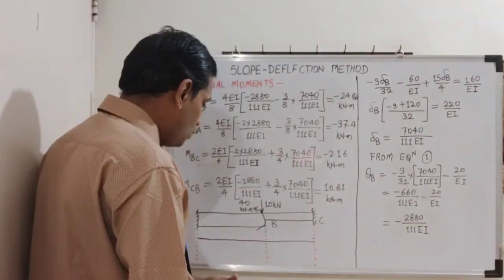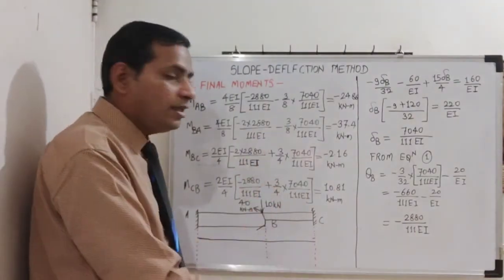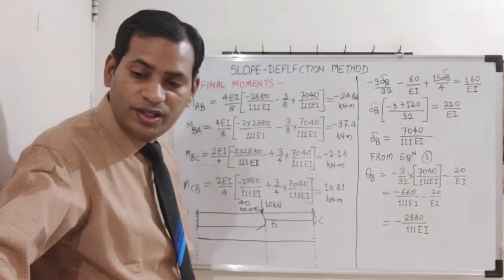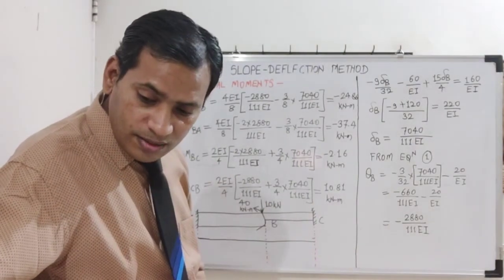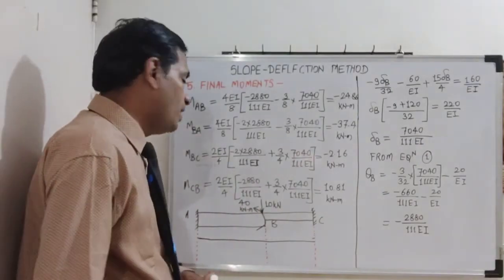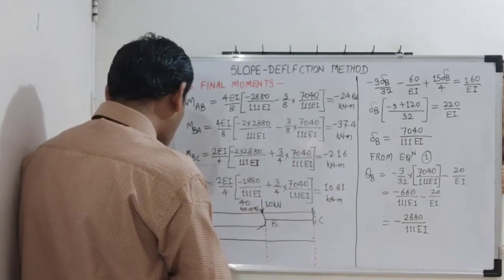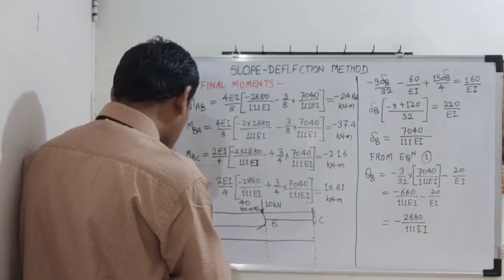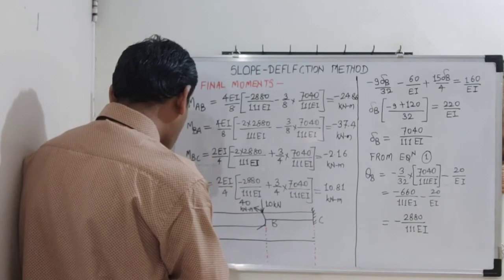Okay, so let us plot now the ordinates of moments and draw the BMD. We need not draw the shear force diagram here. Why? Because there is no point of zero shear force anywhere. So MAB is minus 24.86, so we shall plot it here. Minus 24.86.